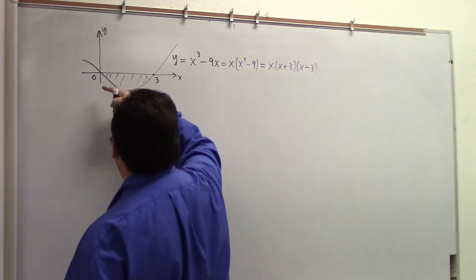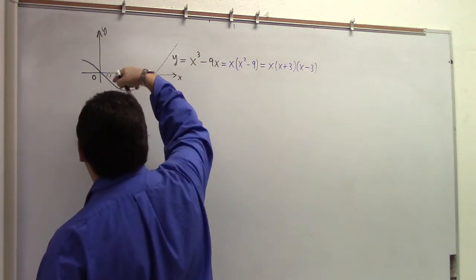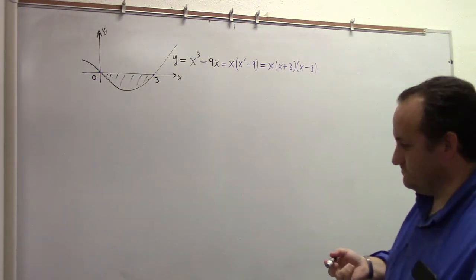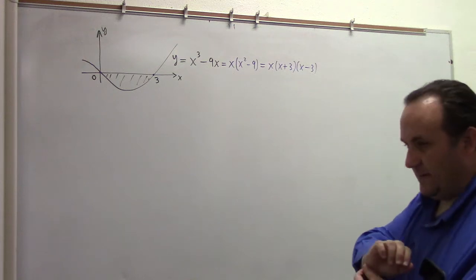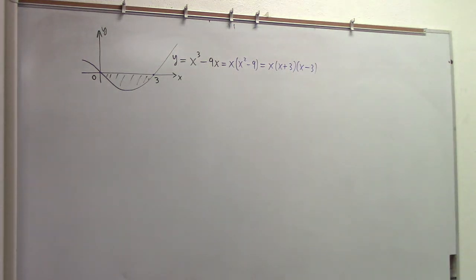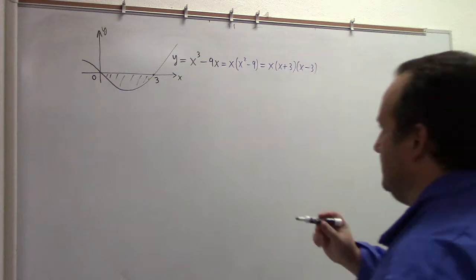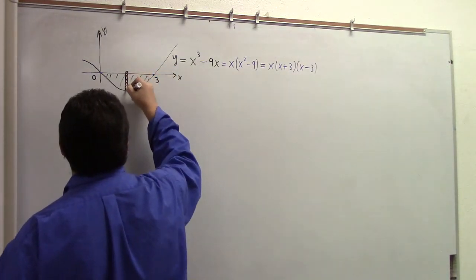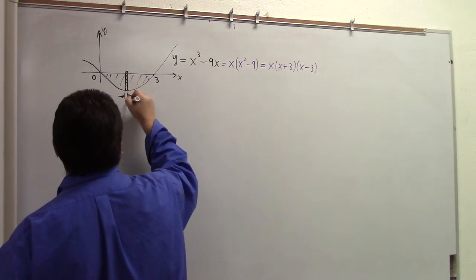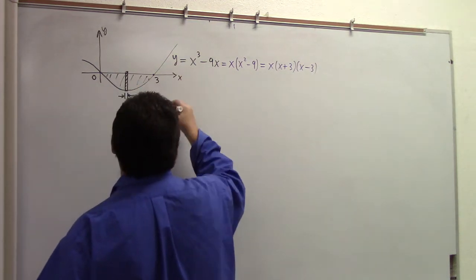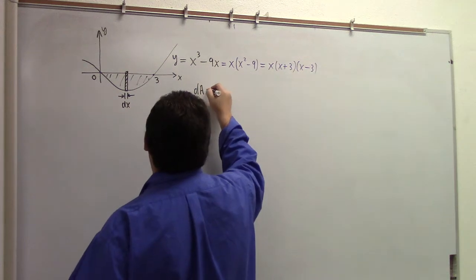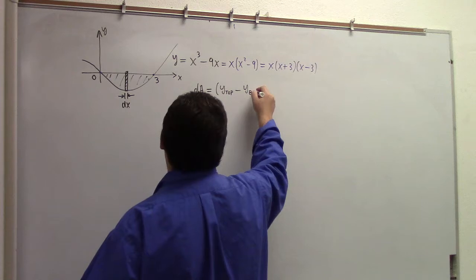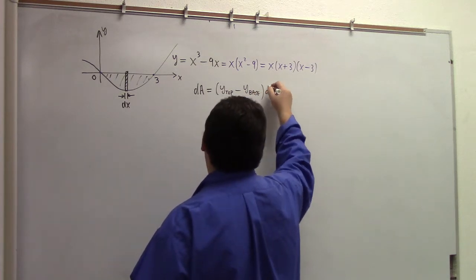Then the question is, do you want to draw vertical or horizontal approximating rectangles for this one? Vertical, that way, exactly. That's a good choice. So the thickness is going to be a little change in x, and dA should be the top y minus the bottom y times dx.